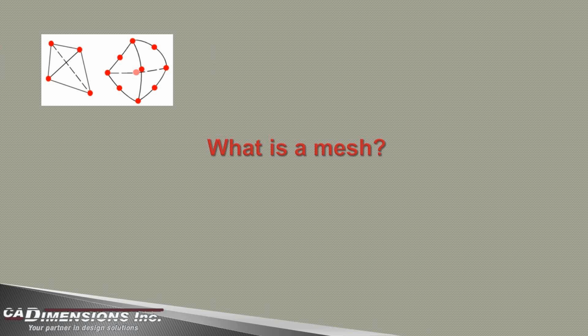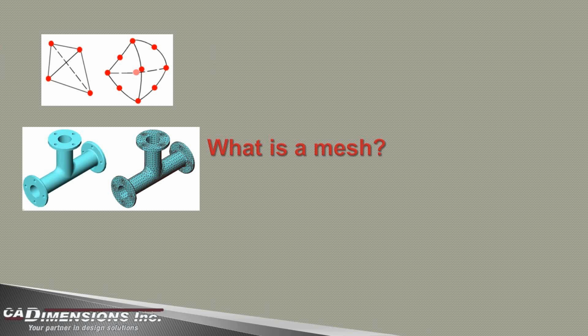And this geometry has a set of mathematical equations that can be solved to understand what it does. Now, this is what it looks like when you take one of our mesh types, which is a three-dimensional triangle, and you apply it to a model. Okay, so these smaller math pieces can be solved in one big problem by breaking it down into these much smaller pieces.